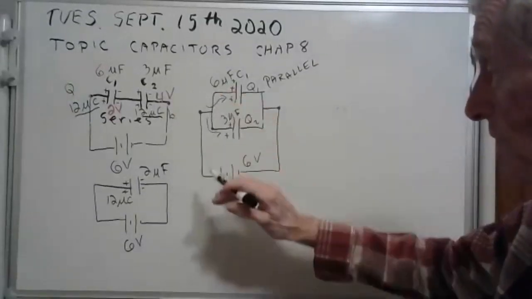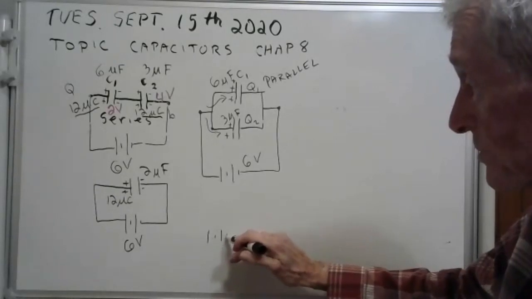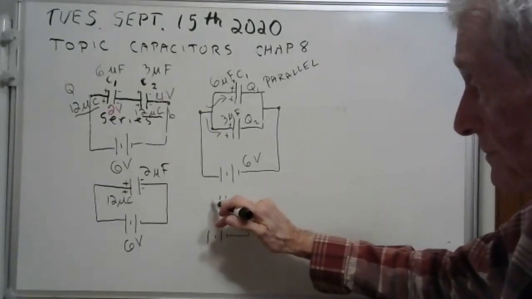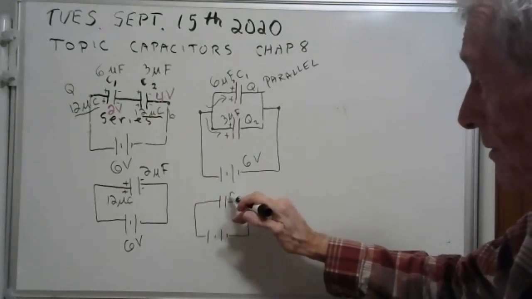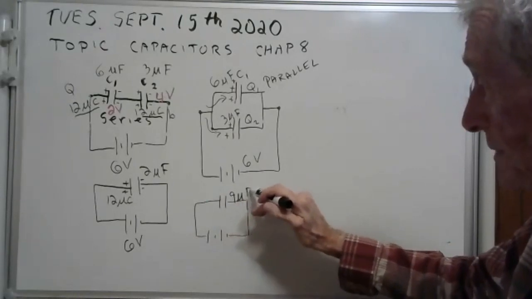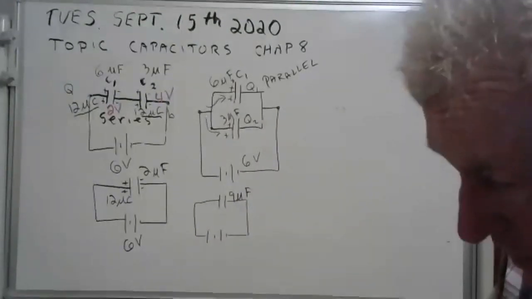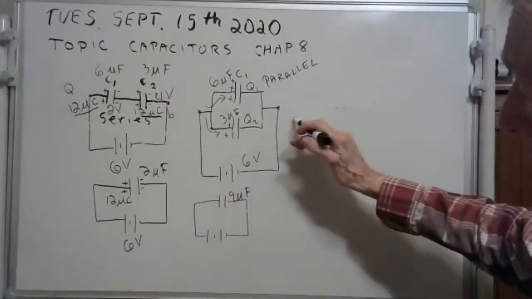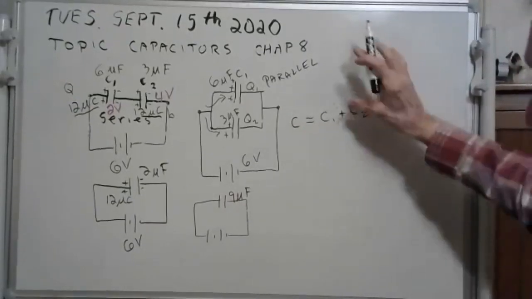See, if you add these together, you get 9. So you could make here a simplified circuit that looks like this, with just one capacitor, and it would be 9 microfarads. Because see, they just add up. When you're in parallel, the way it works is they just add up.